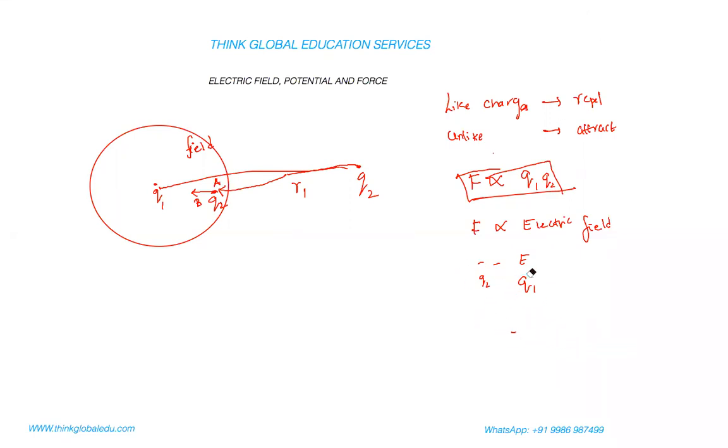Rather than writing it as Q1 and Q2, we can generalize it as F and Q. That is, F, the force, is equal to the electric field multiplied by the charge.